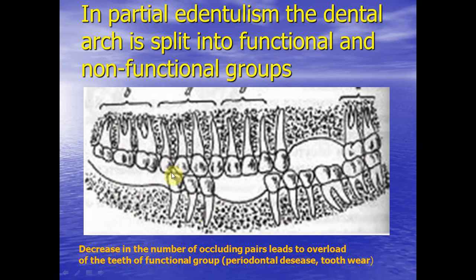So if just 3 pairs, 2 pairs, and 2 more pairs make 7 chewing instead of 16 pairs which should be chewing normally in this patient, they will get twice more load than normal teeth get. And this overload could be a possible reason for periodontal disease and tooth wear.